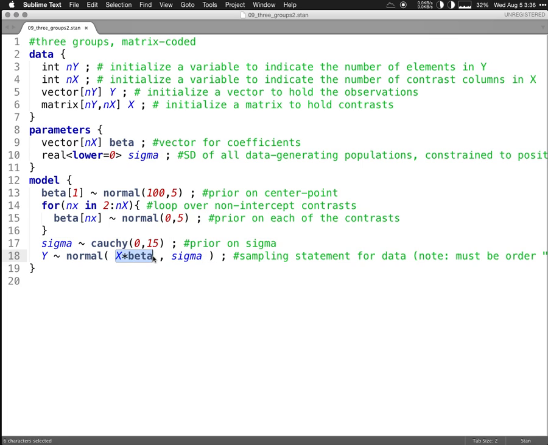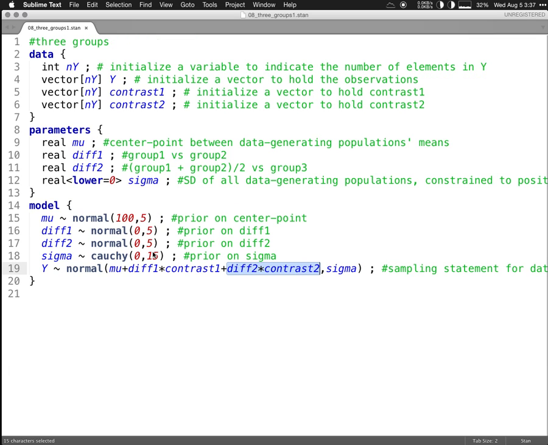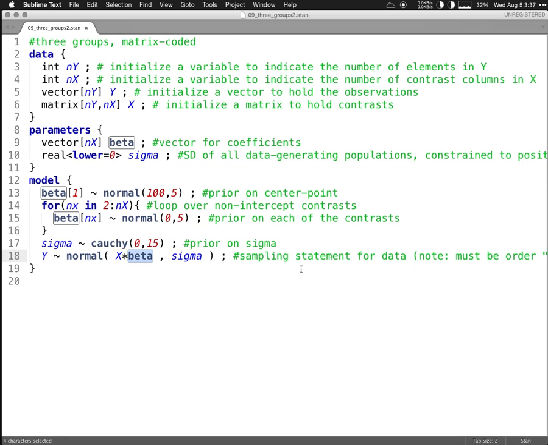Now, in terms of the arithmetic to make each y group assigned the right mean, you just multiply this input matrix of coefficients times this beta vector. That yields mathematically the same result as having a separate mu, a separate diff times the contrast, a separate diff2 times the contrast. This will achieve the same result in the end.